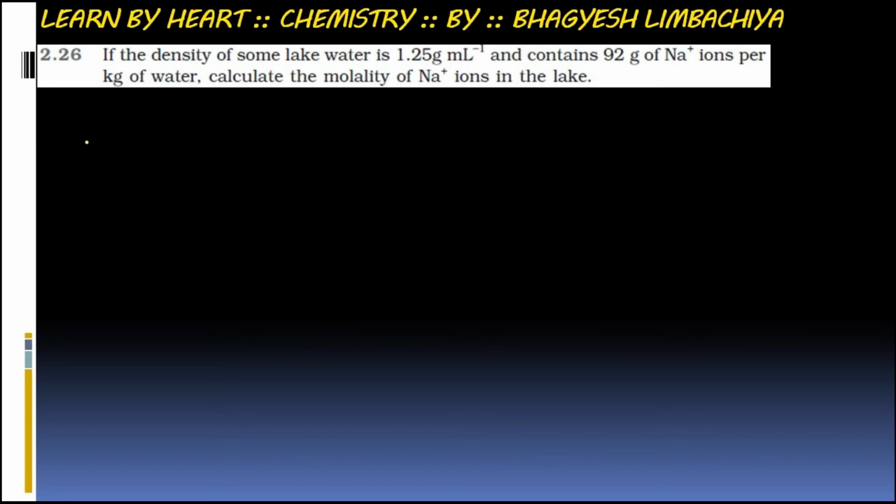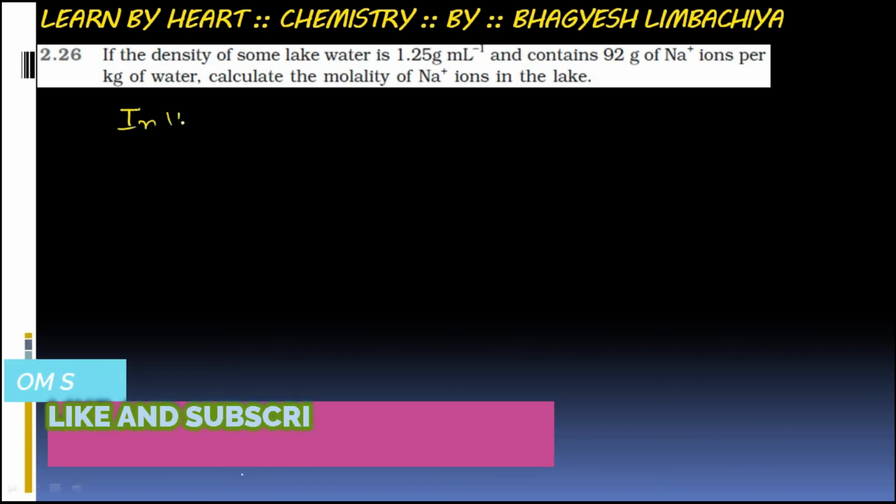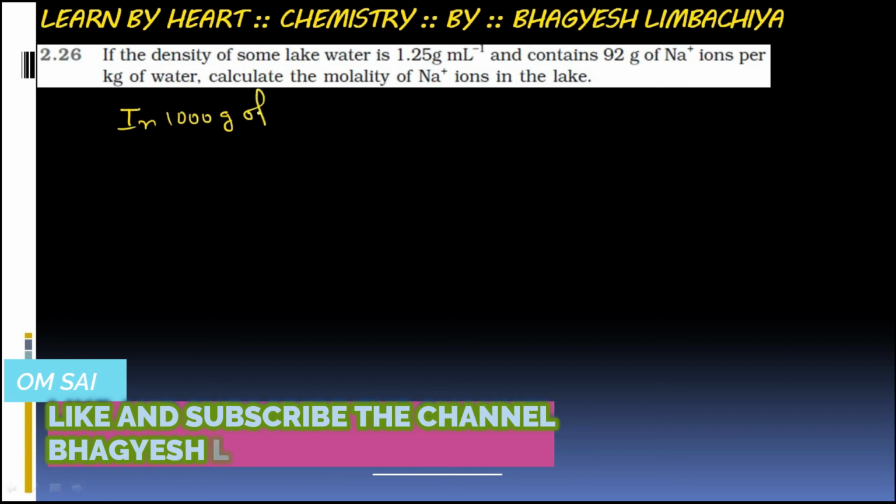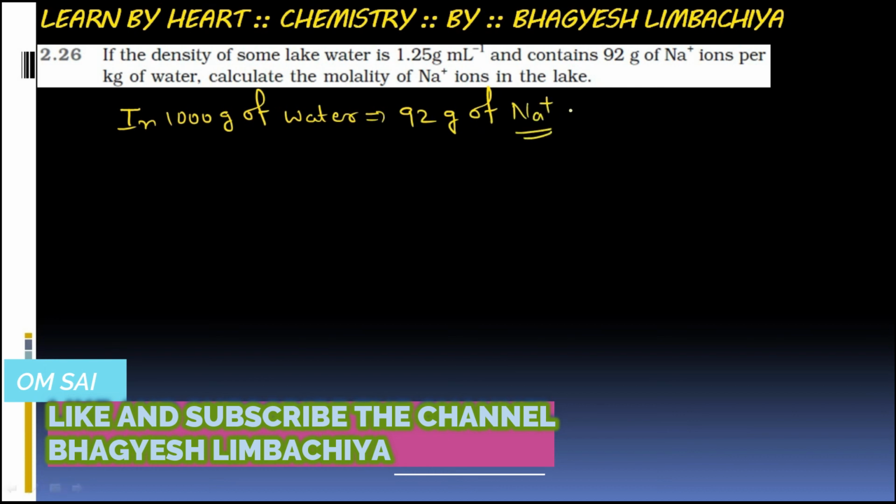If the density of some lake water is 1.25 gram per ml, it contains 92 gram of sodium ions per 1 kg of water. So in 1000 gram of water, 92 gram of Na+ ions are present.